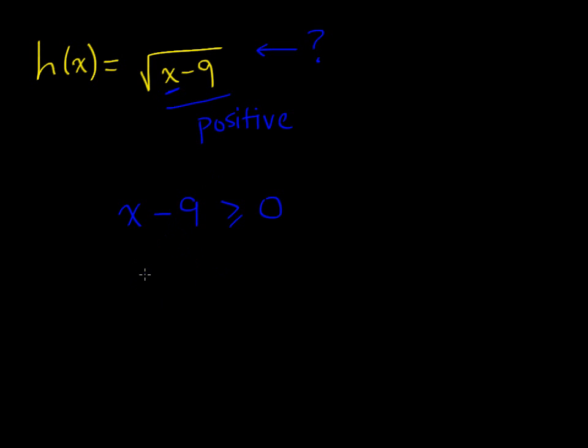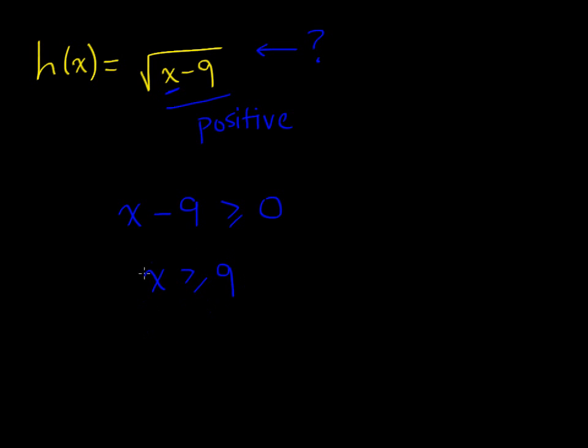So what we want here is we want all the x values that are greater than or equal to 9. Because if x is equal to 9, we get 0. If x is equal to 10, we get 1. So any value greater than 9 will work for x. But anything less than 9, if you have 7, for example, we're going to get -2 under the square root sign, and that won't work.